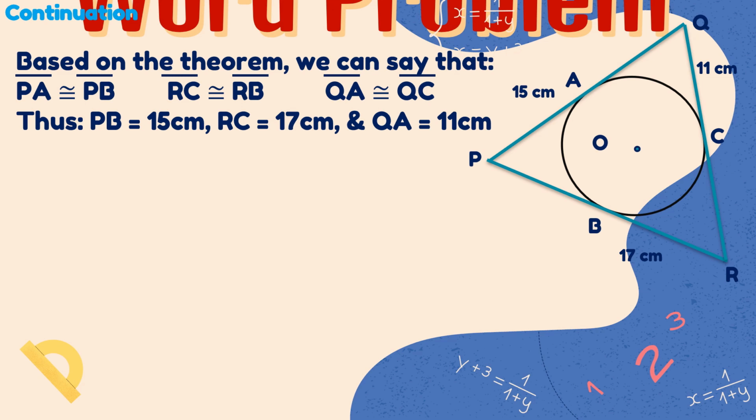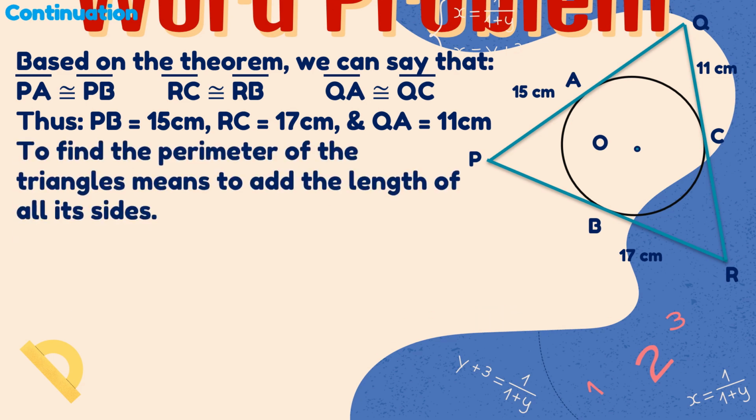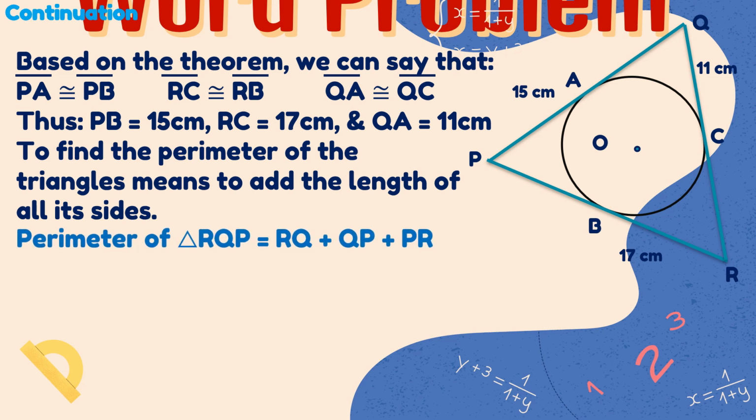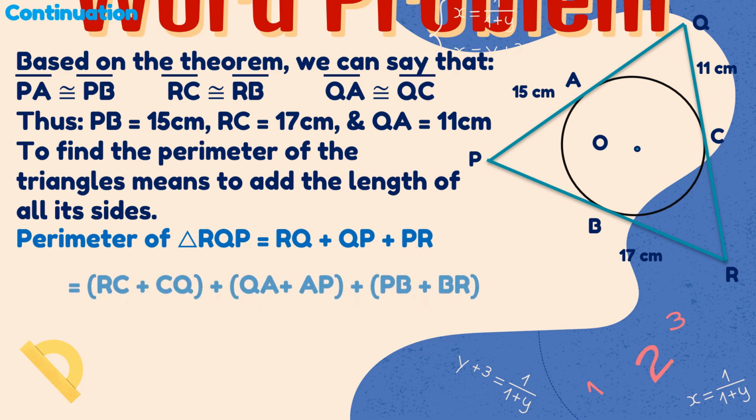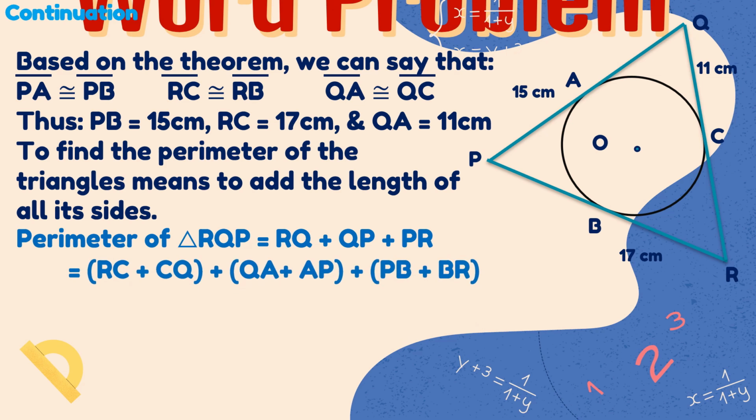Thus, PB is equal to 15 cm, RC is equal to 17 cm, and QA is equal to 11 cm. To find the perimeter of the triangle means to add the length of all the sides. The perimeter of triangle RQP is equal to line segment RQ plus QP plus PR, which is RC plus CQ plus QA plus AP plus PB plus BR.